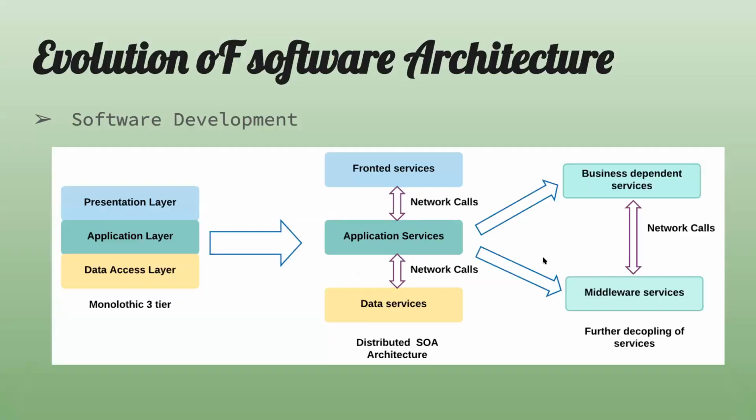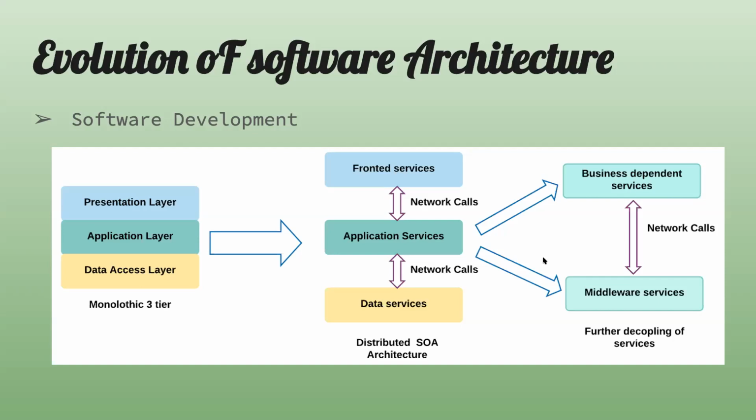First of all, when it comes to software architecture, in early stages software was developed as a monolithic three-tier architecture, where the software itself contains the presentation layer, application layer, and data access layer. All these layers are tightly coupled, and they are distributed as a single software.